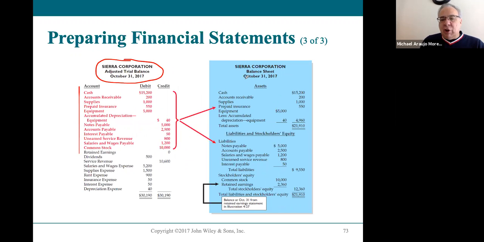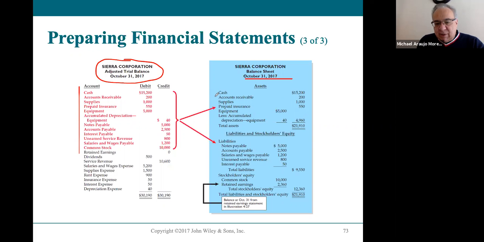The balance sheet, as you know, is not subject to periodicity because it only tells you what the assets, liabilities, and equity are as of a particular day, right? It's a selfie financial statement. As you know, it starts with assets, and assets are listed in the order that they would normally be on a classified balance sheet.